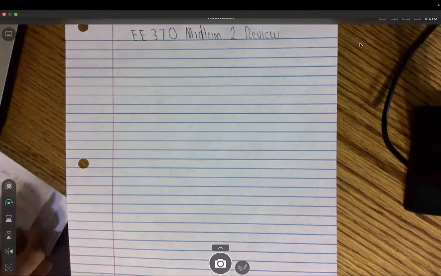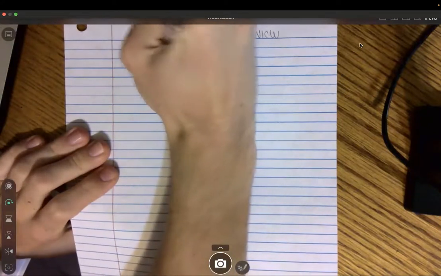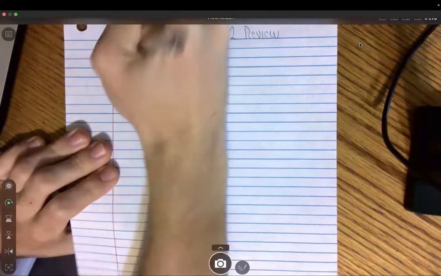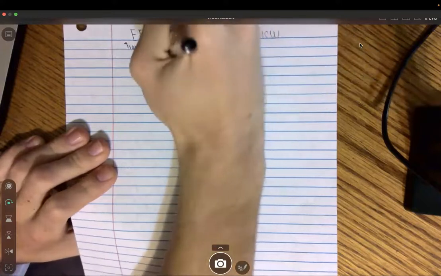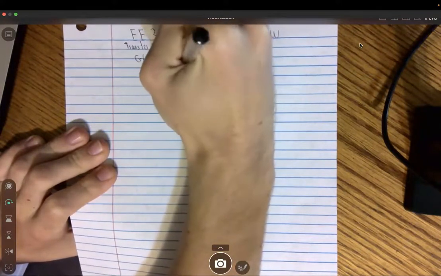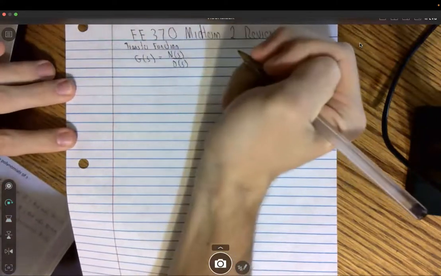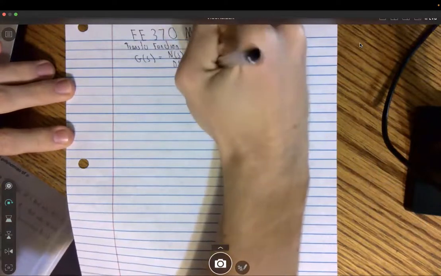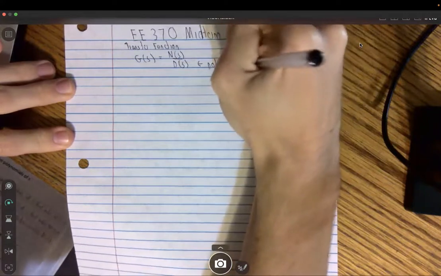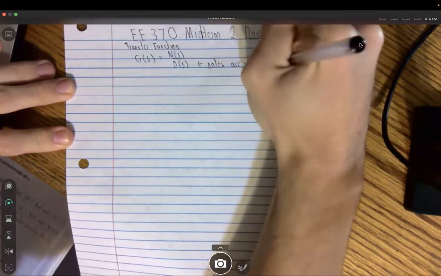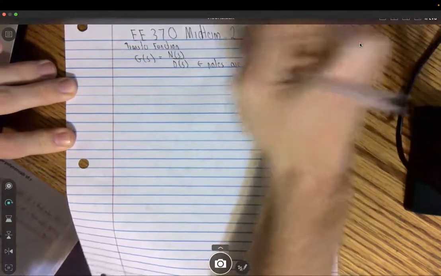And so when we have our transfer function, G of s, it's equal to two polynomials. There's one in the numerator and one in the denominator. And so the poles are determined by what makes the denominator equal to 0. So the poles are values of s that make D of s equal 0.